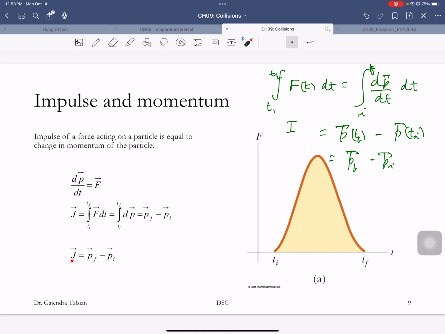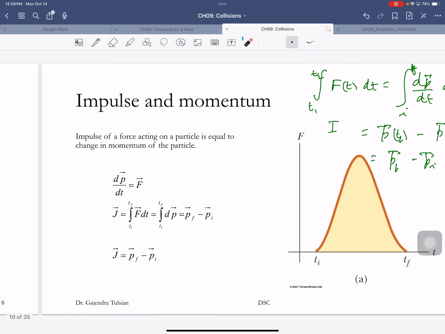Impulse is written as I sometimes and J sometimes. Probably your book has J, so I use J. Greater the impulse, greater the change in momentum.